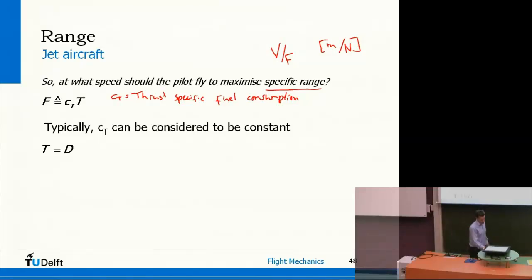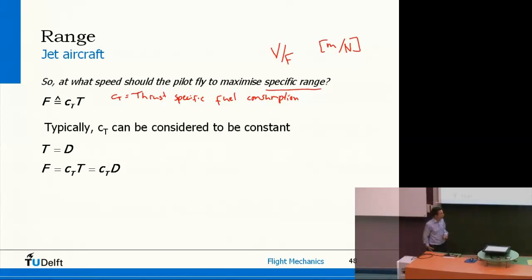So fuel flow is CT times the thrust, so that's also CT times aerodynamic drag. The only thing is, I'm not after fuel flow, I'm looking into specific range, so that's airspeed divided by fuel flow. So if I divide airspeed by this quantity F, then this is what I get.